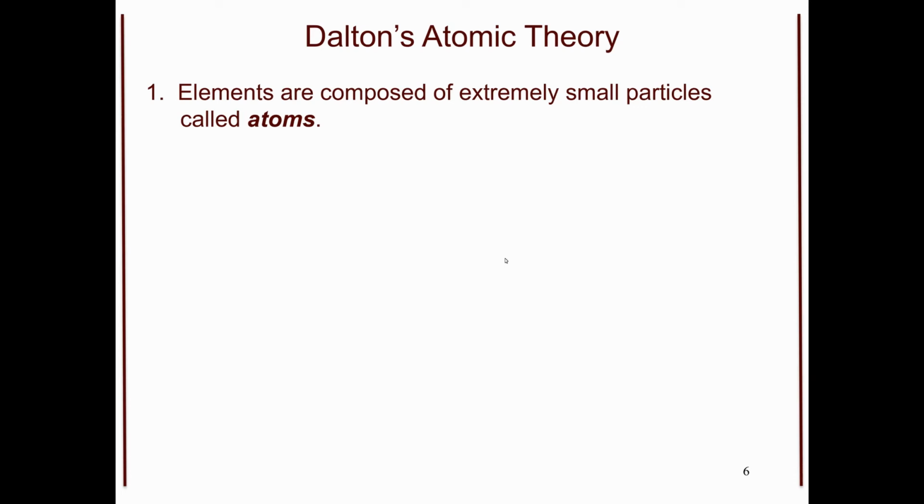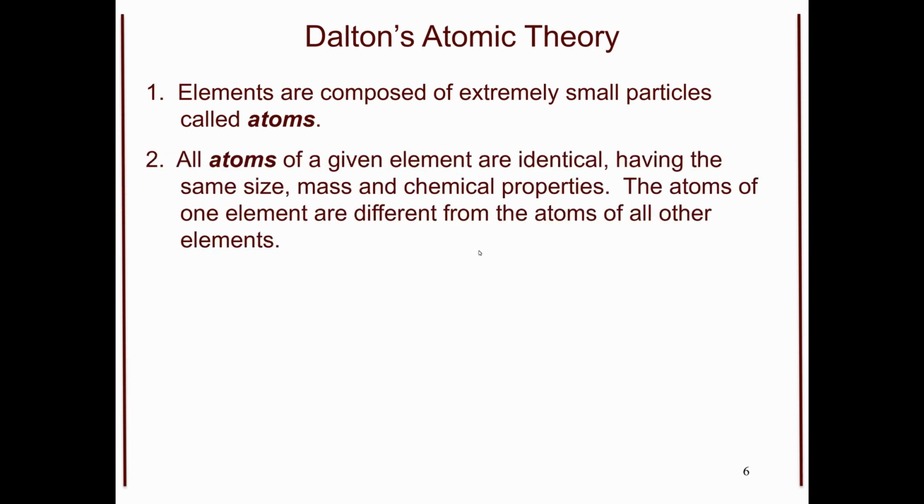So now we are saying that elements, our fundamental building blocks, are made up of building blocks that are all identical, and we are going to call those atoms. All atoms of a given element are identical, having the same size, mass, and chemical properties. The atoms of one element are different from the atoms of all other elements. Now you're probably reading this, and this statement is partially true.